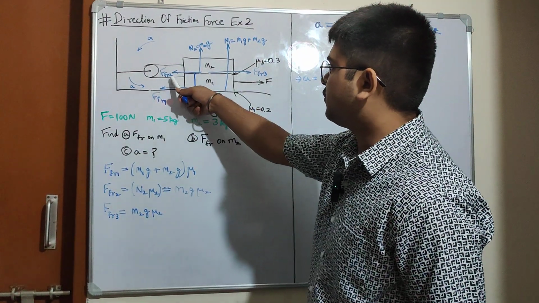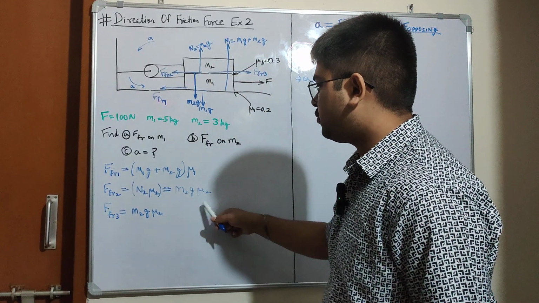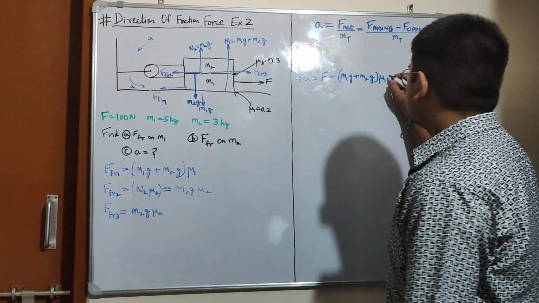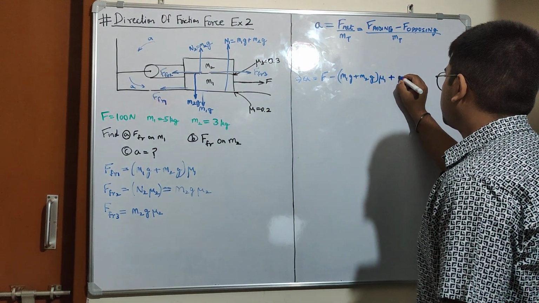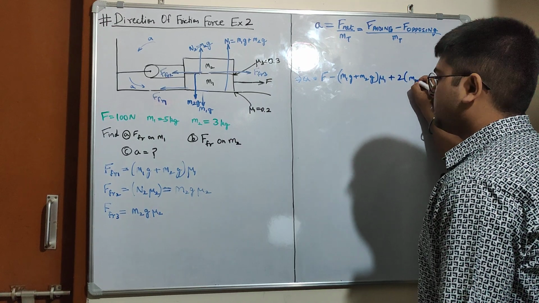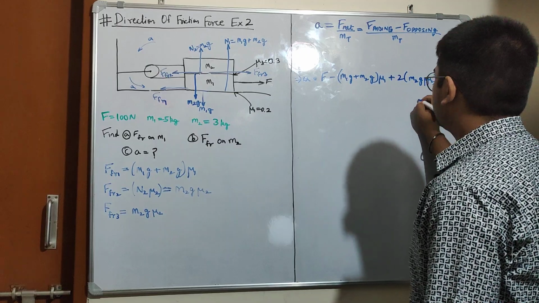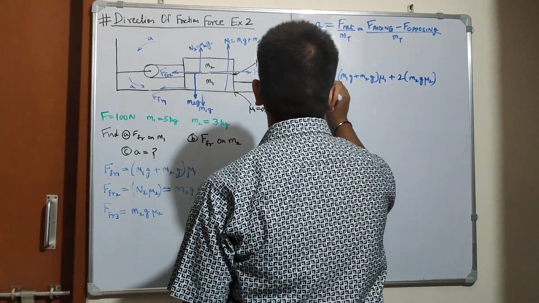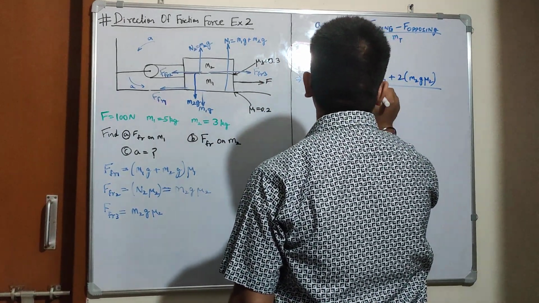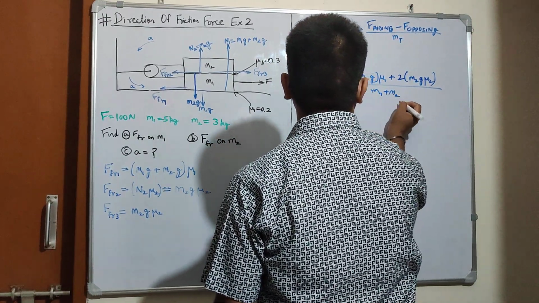The second frictional force is F frictional 2 and the third frictional force is F frictional 3. So we have m2g μ2 and m2g μ2, two times m2g μ2, divided by the whole mass m1 plus m2.